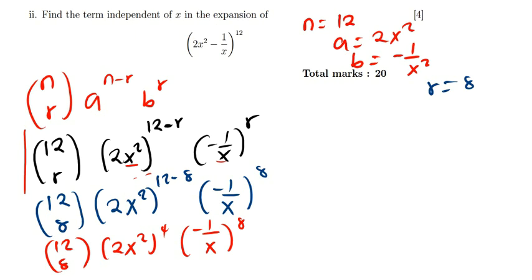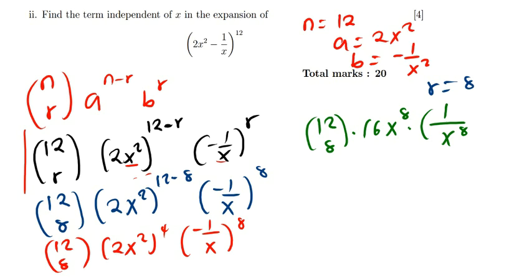Next, I have 12 choose 8. Then I can clearly see that 2 raised to the power 4 is 16. Then x squared to the power 4 means x to the power 8, times negative 1 raised to the power 8, which is going to be positive 1, then x to the power 8.